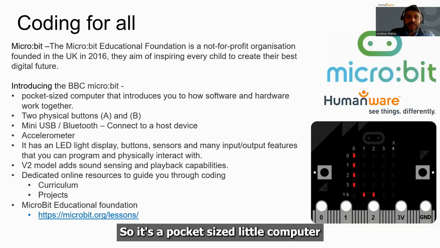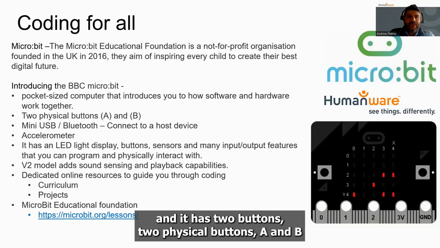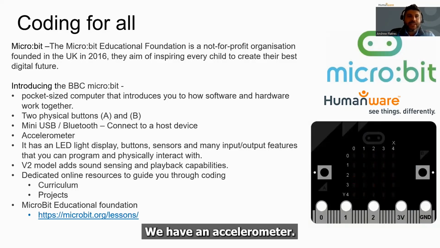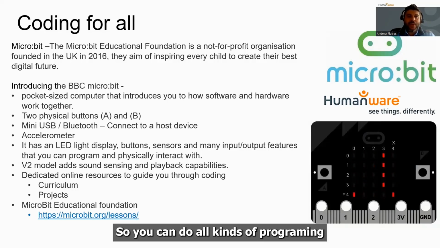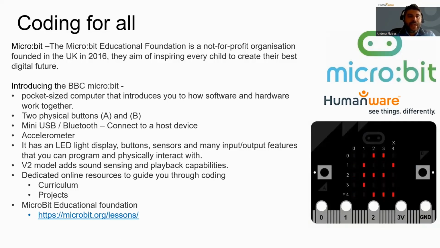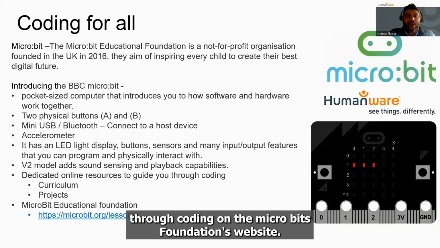So it's a pocket-sized little computer, and it has two physical buttons, A and B. And in between A and B, we have LED lights that can be displayed. We have an accelerometer. So you can do all kinds of programming where you could potentially shake the device and set an alarm off. And there are dedicated online resources to guide you through coding on the Microbit Foundation's website.